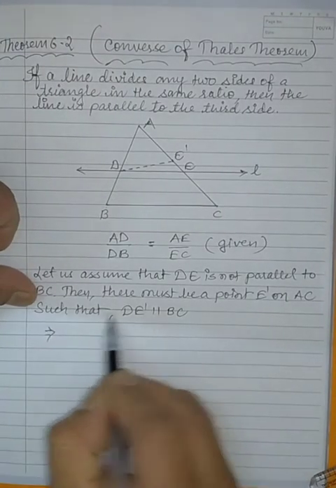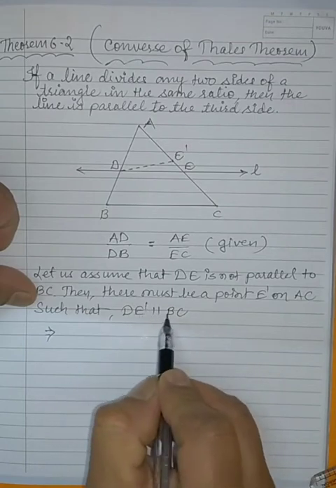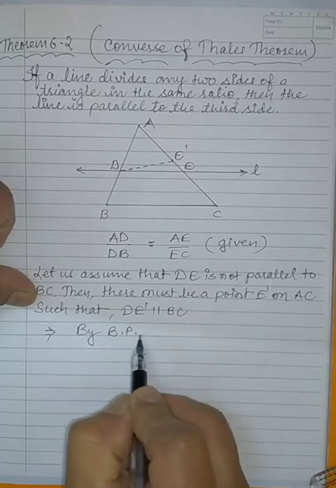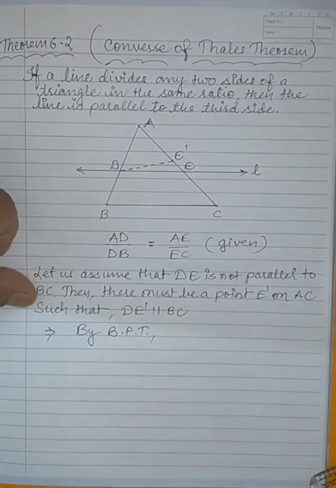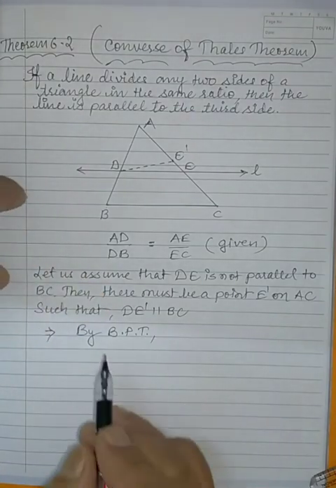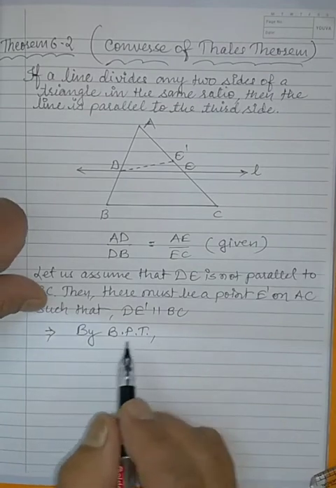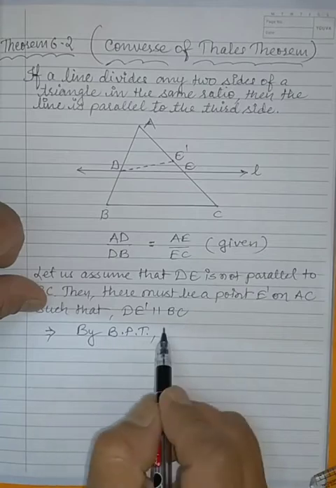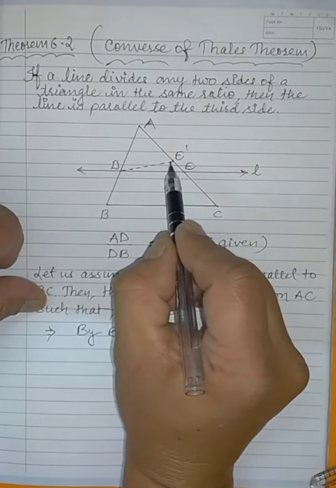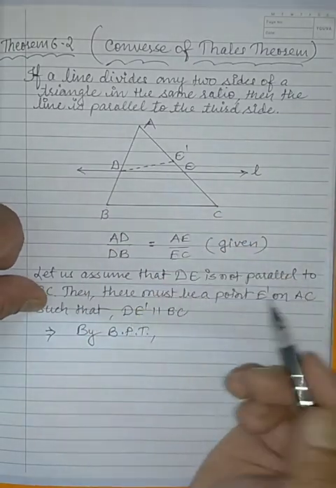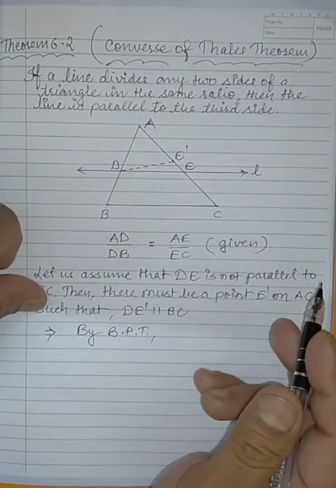That implies, now if DE dash is parallel to BC, by the basic proportionality theorem, I am using the short form here, you have to use the full name of the theorem, or you can say by Thales' theorem. If DE dash is parallel to BC, then a line drawn parallel to one side of a triangle to intersect the other two sides in distinct points divides the other two sides in the same ratio.